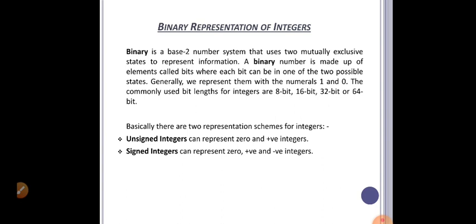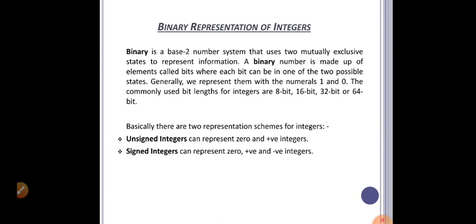Generally, we represent them with the numerals 1 and 0. The commonly used bit lengths of integers are 8 bit, 16 bit, 32 bit, or 64 bit. Or we can say, to represent an integer, computers use a fixed number of bits. So binary representation of integers always works on these bits.